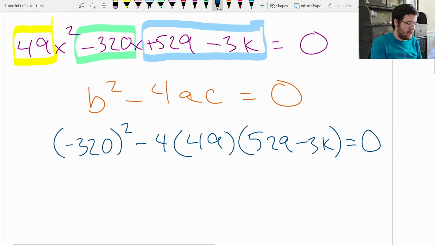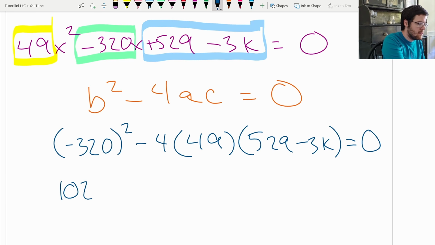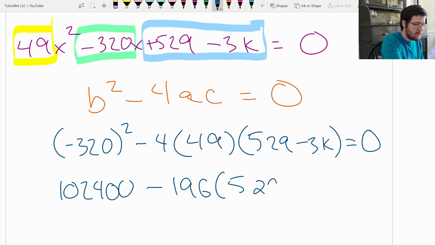Now I'm going to use a calculator to help me with this arithmetic. So negative 320 squared is 102400. Negative 4 times 49 is negative 196. Just going to do that in 2 steps so no one gets confused.